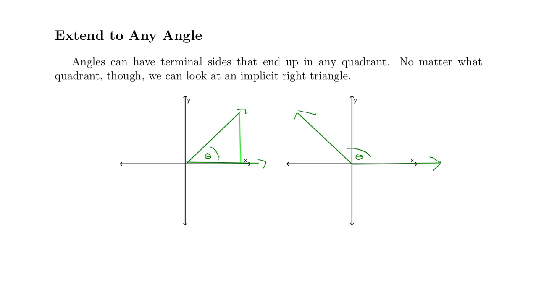But what we can do is form an implicit one. I'm going to use red for this one. We can still drop a vertical line down, and we'll notice that this triangle here is a right triangle. Maybe I'll use red again for this side length. There's a right triangle that we have.